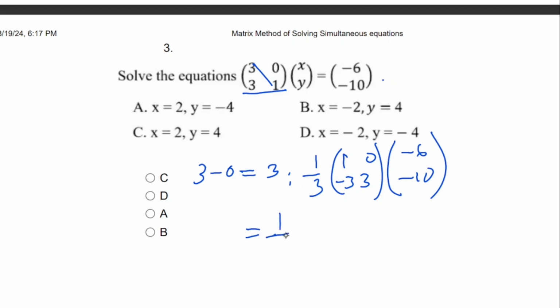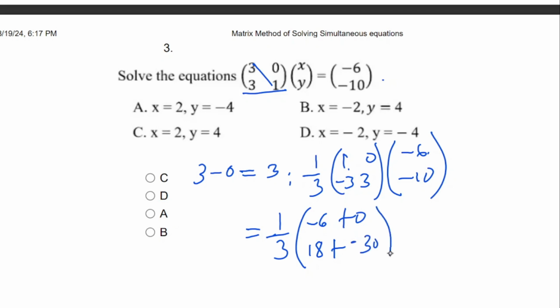So this will give us 1 over 3. So 1 times minus 6 will give us minus 6, plus 0 times 10 is 0. Is that clear? Then minus 3 times minus 6, that's going to be 18, plus 3 times 10, that's going to be minus 30.